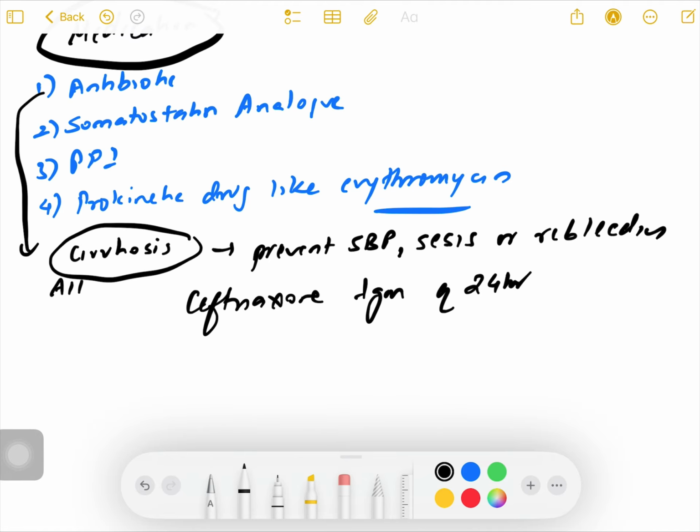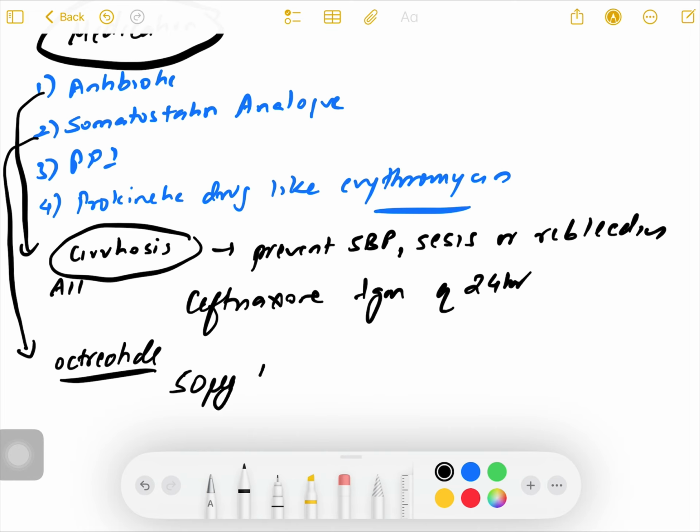After that, what about somatostatin analogs? A somatostatin analog like octreotide should be given at a 50 microgram bolus dose followed by 50 microgram per hour.